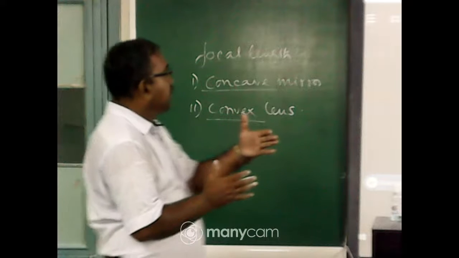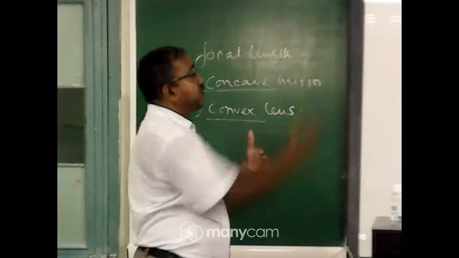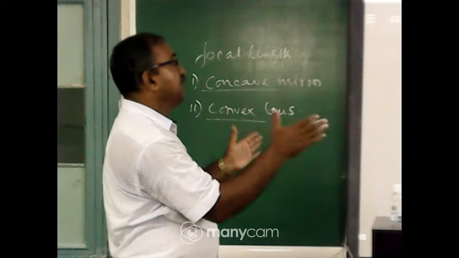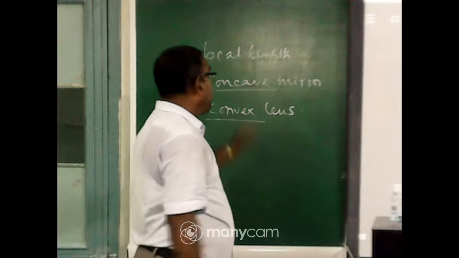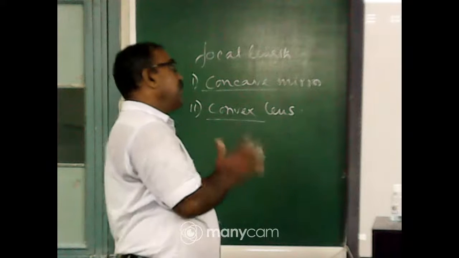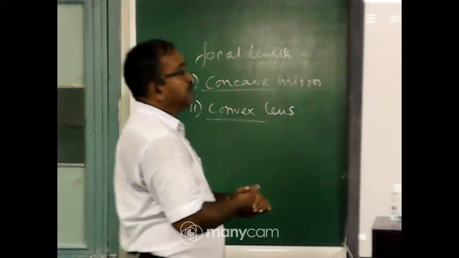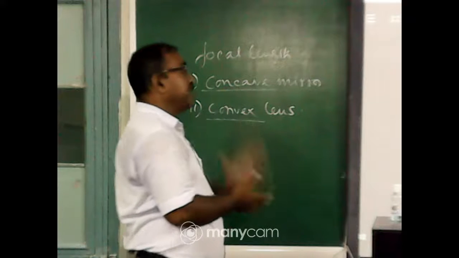That means a real image forms on the screen. That is the rough focal length of the concave mirror. But with the help of the optical bench, you can find out the actual focal length of the concave mirror.